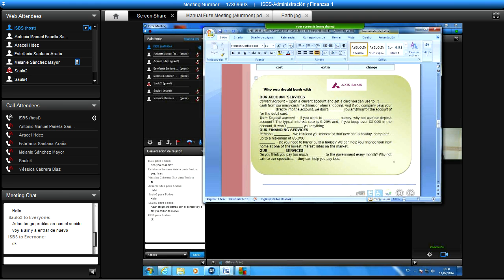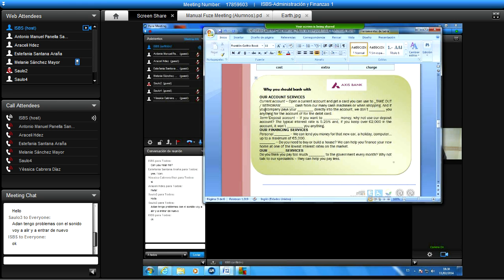What is the formal equivalent of take out? Withdraw, okay? It's not there, but I will write it here. To withdraw cash from our many cash machines or when shopping.